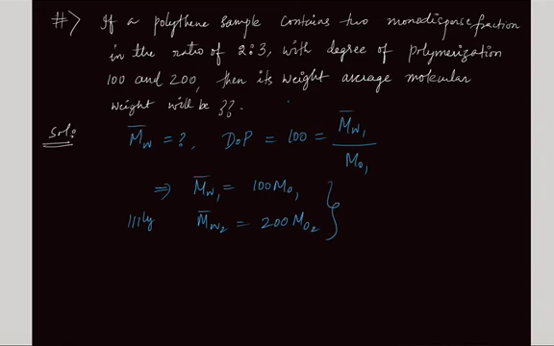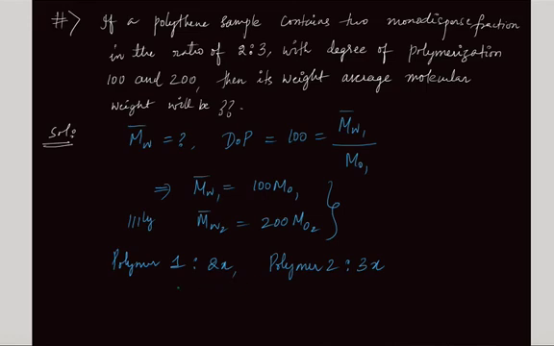And also it is given that the monodisperse fraction is 2 is to 3. That means for every 2 moles of one type of polythene we have, there would be 3 moles of the other. So polymer 1 would have 2x moles, or 2x number of polymers, and polymer 2 will have 3x number of polymers.